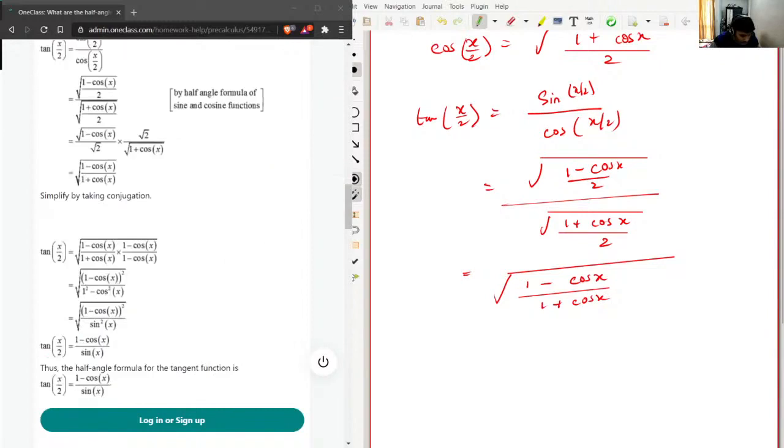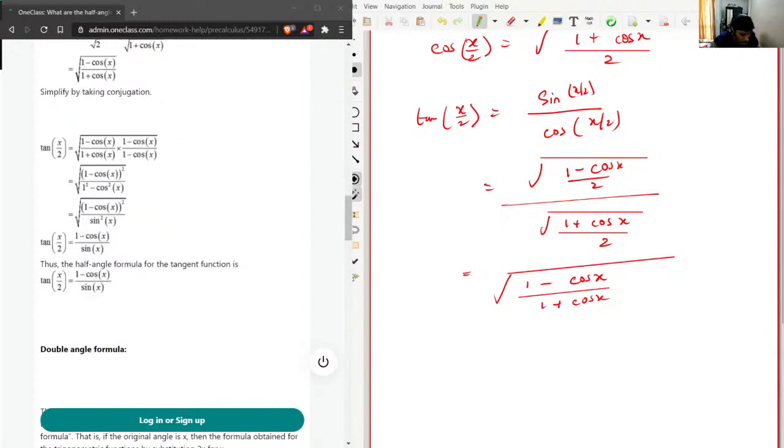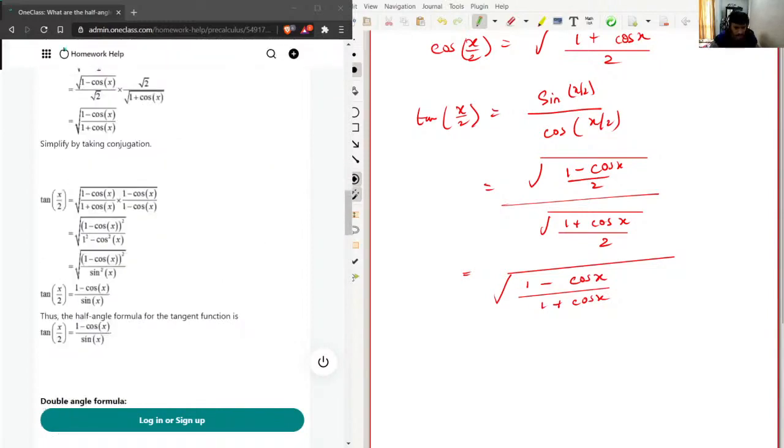Let's just check this. And now what they have done, okay, so they have rationalized also. We'll do the rationalization with 1 minus cosine x over 1 minus cosine x. In the denominator we'll get 1 minus cosine square x, which will be sine square x.